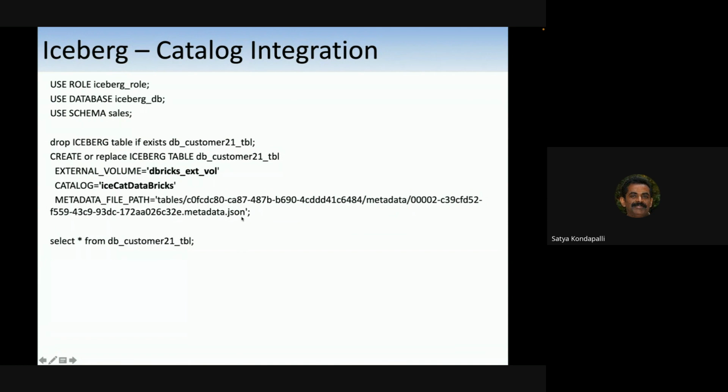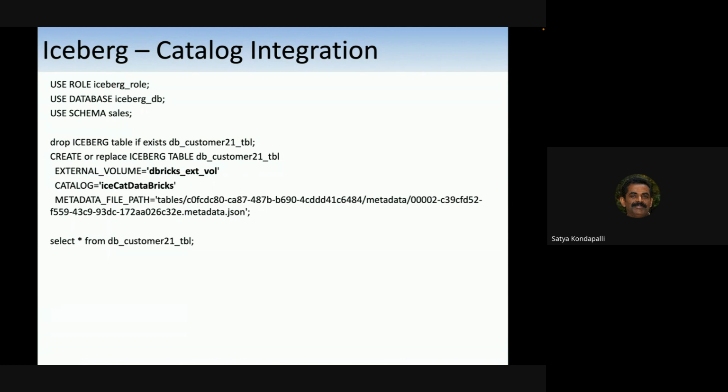So every time you update, insert or delete data in the Iceberg table via Databricks, this file changes. Right now I created this table with whatever the data is, but if after 1 hour I insert some data, I need to alter this table with the most recent file. If I don't, I will be seeing the previous transaction data.